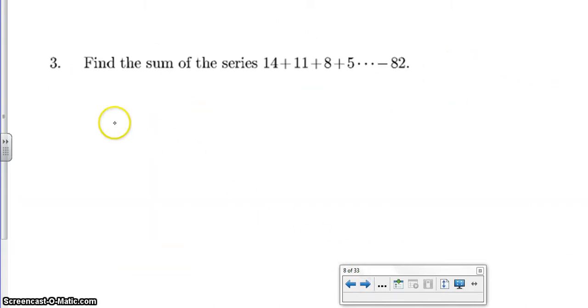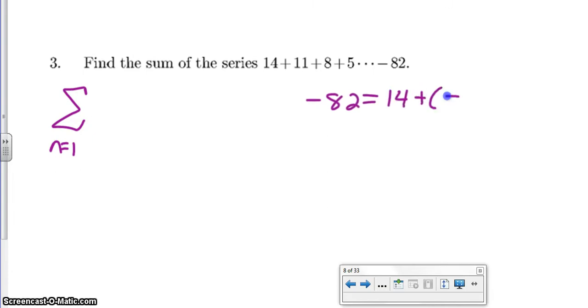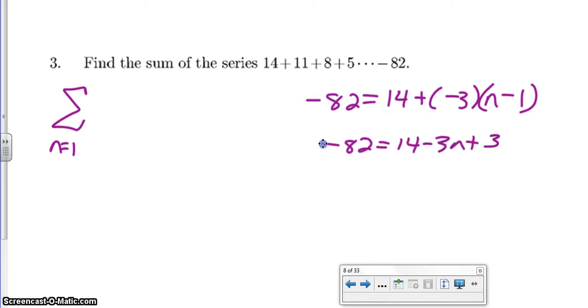Moving on to number 3, we'll go ahead and write the summation. We know that n is equal to 1, and we're going to look for this amount. So negative 82 is equal to 14 plus the common difference, which is negative 3 times n minus 1. Negative 82 is equal to 14 minus 3n plus 3.